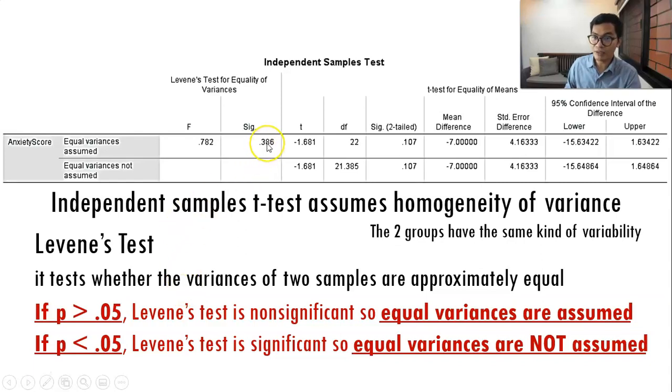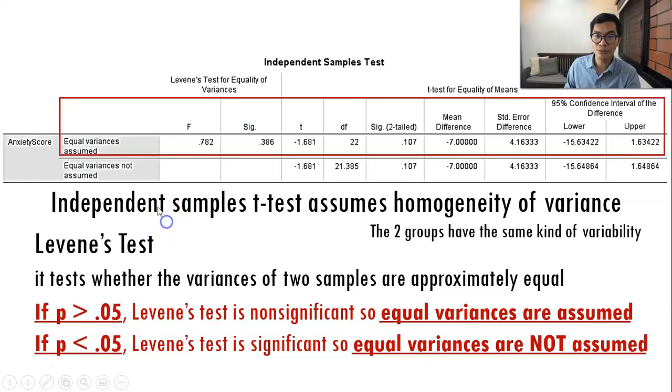Since the value here is greater than 0.05, we will read the upper row. That's how we identify what will be interpreted. The lower row we can disregard, since we have established that the two groups have approximately equal variances.